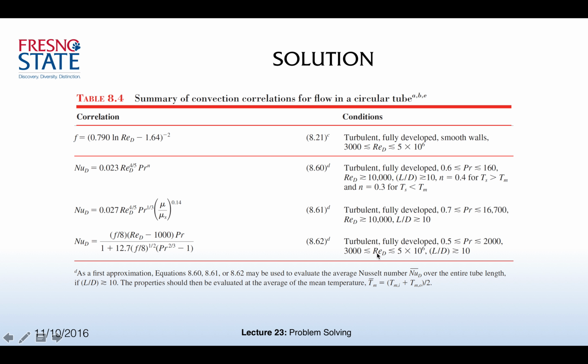Of course, we would assume fully developed behavior because that's the only option we have, and we will check the ratio between the length and the diameter. It should be greater than or equal to 10 for this assumption to be valid. We will check that at the end.